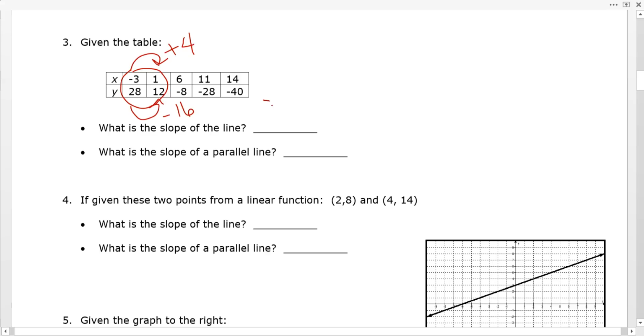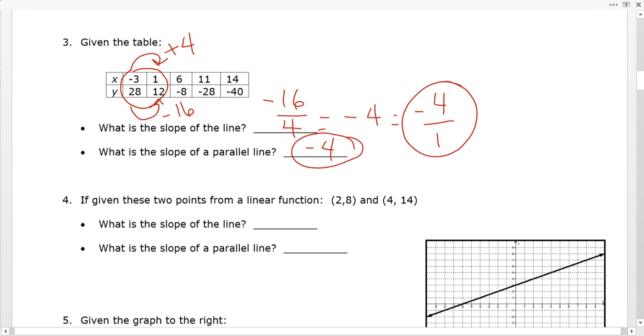So my slope is -16 over 4, which is equal to -4. So the slope of the parallel line is also going to be -4. And it's really -4 over 1 because I'm going to go up 4 over 1 in the negative direction. Okay, so here's the slope of lines that are parallel.